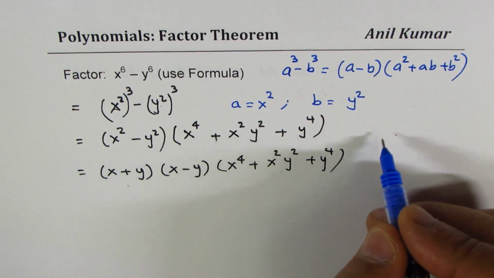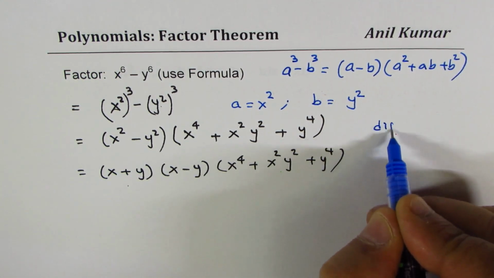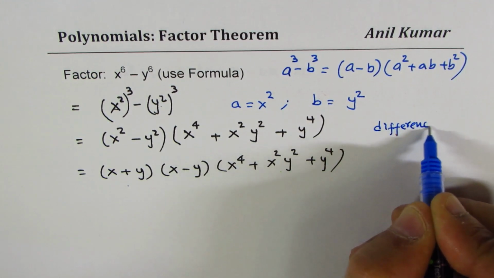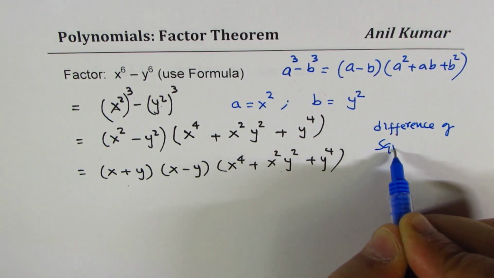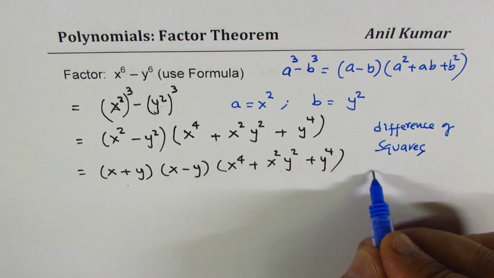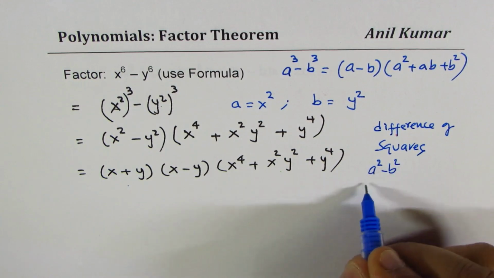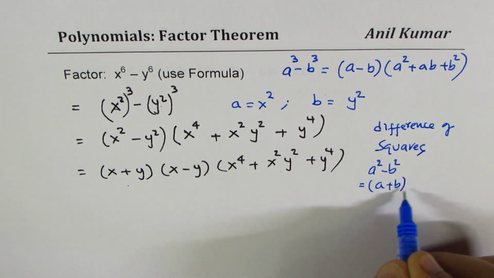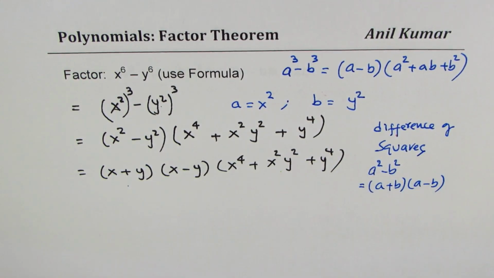So we apply difference of squares formula here, which is a square minus b square equals a plus b times a minus b, correct? So that helps in factoring. So we have done this kind of factoring with the factor theorem and also by application of formula. So I hope that helps.